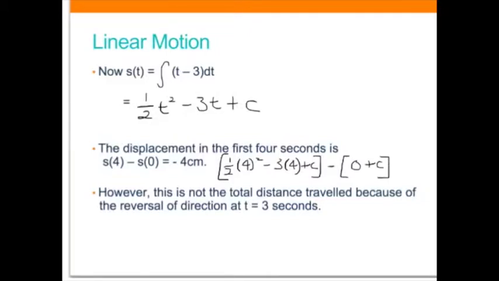If you sub your noughts in, the C's are going to cancel, and you'll be left with a half, 16, take 12, which will be 8 take 12, which will be equal to negative 4.